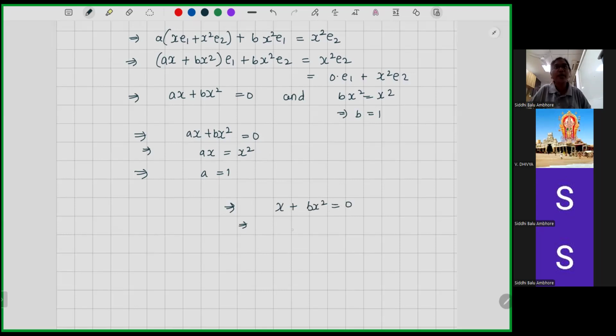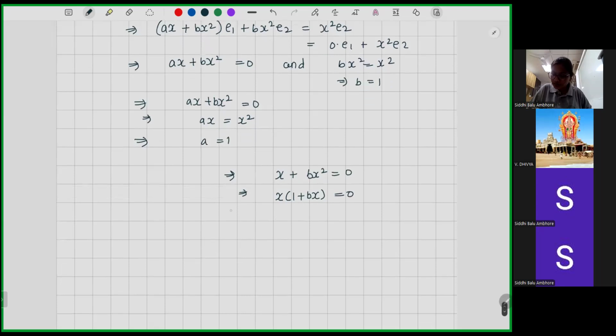So this implies that x into 1 plus, let us just manipulate this, bx is equal to 1.